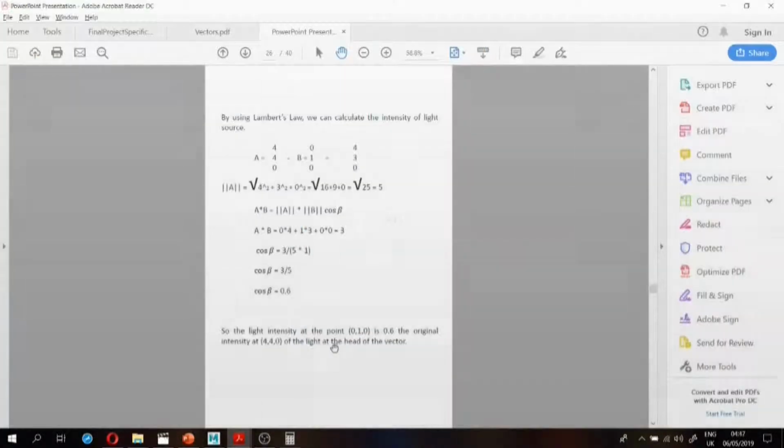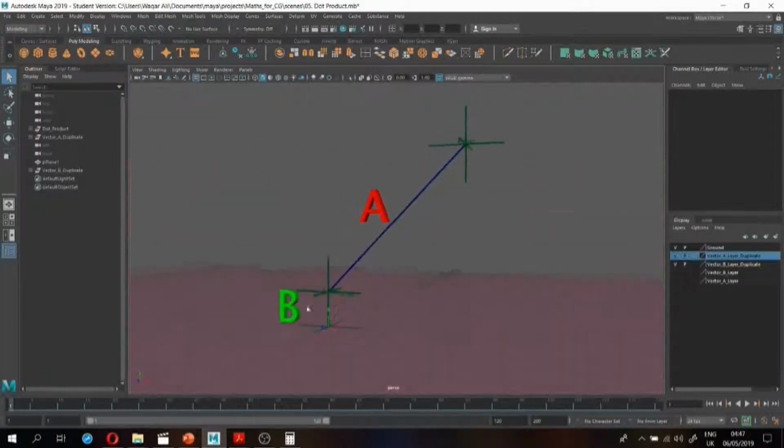Now, another way to calculate this is by using Lambert's law. We can calculate the intensity of a light source on the head of vector A. So the vector A is 4, 4, 0 and the vector B is 0, 1, 0, as you can see here.